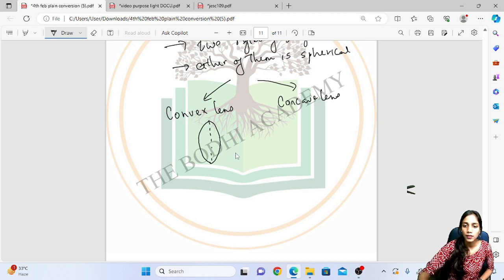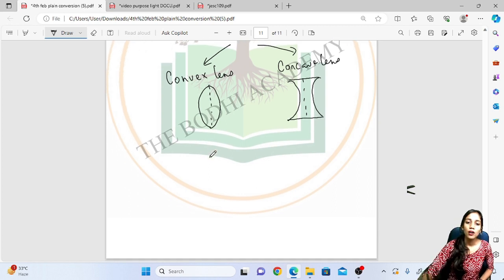The second lens is the concave lens wherein both the surfaces are curved inwards, and this is called as the concave lens. Concave, so it is like a cave, right? The shape, so it is called as the concave lens and this is called as the convex lens.